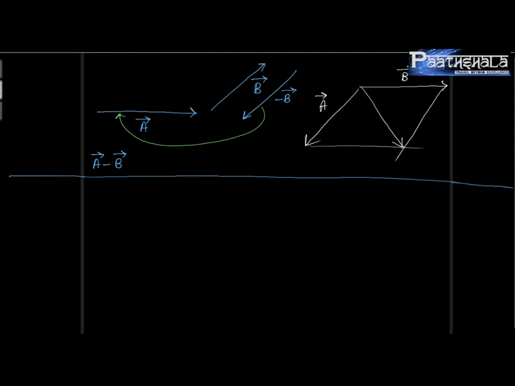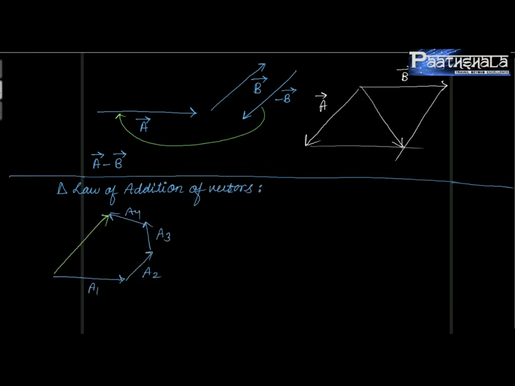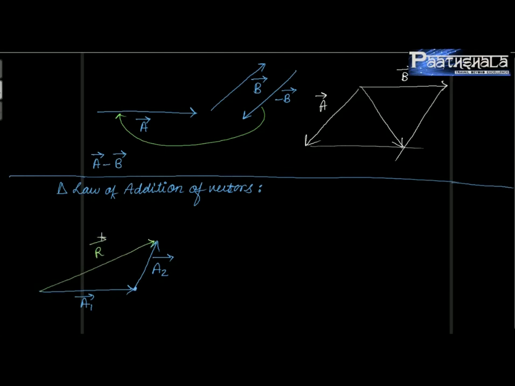Now let us look at what the triangle law of addition of vectors is. The triangle law simply states that if I have a vector a1 over here and then a vector a2 drawn such that the base of vector a2 is at the head of vector a1, then the resultant of the two vectors shall be given as the third side of the triangle that is formed by a1 and a2 vectors.